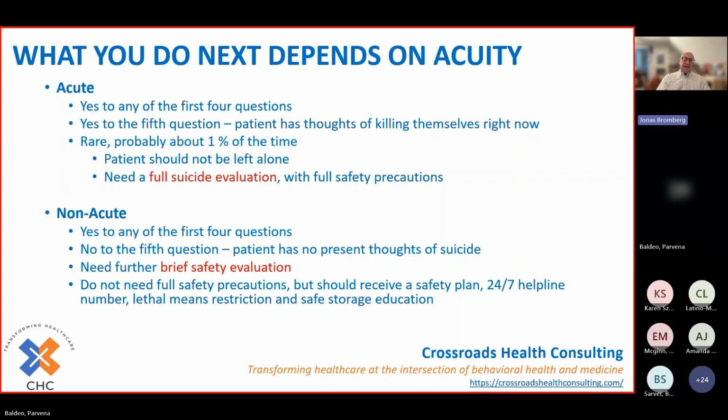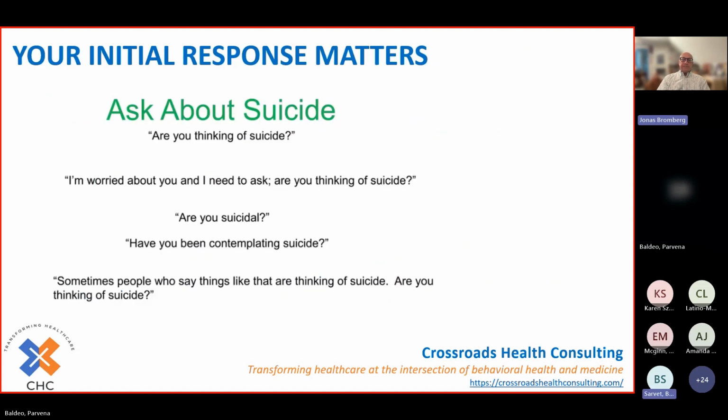If it's a less acute situation, yes to any of the first 4 questions, but a clear no, that the patient has no present thoughts of suicide, we can proceed to a brief safety evaluation without needing to do full safety precautions, but we should be prepared to build a safety plan with the patient, make sure that they know how to access the helpline numbers, and in certain cases, discuss the restriction of lethal means and the safe storage of medication.